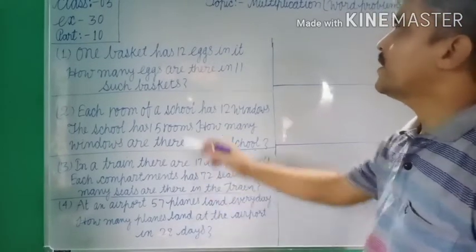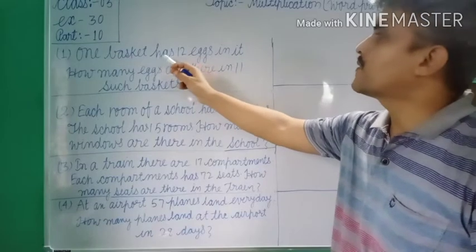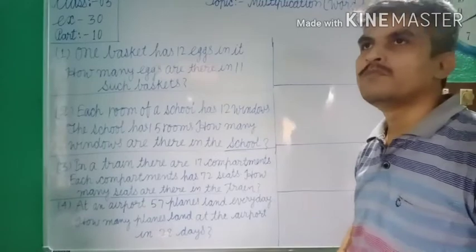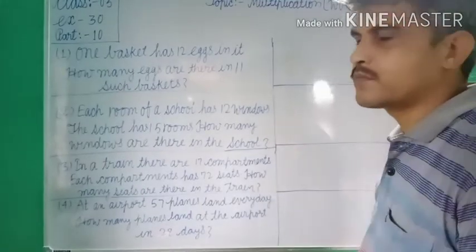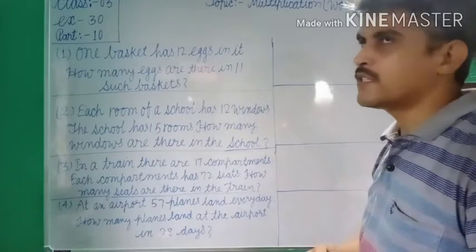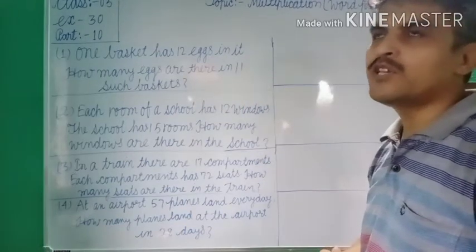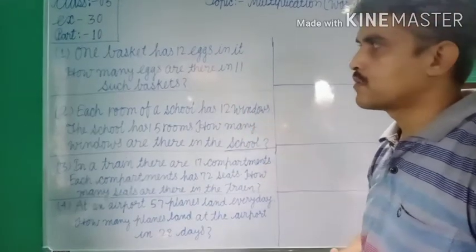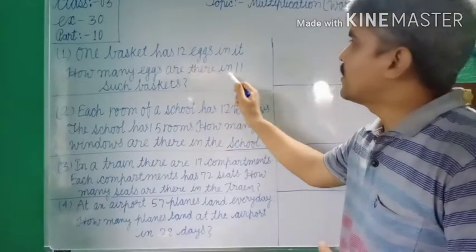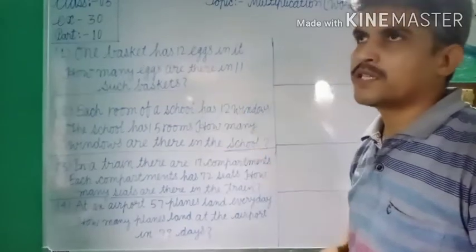One basket has 12 eggs in it. You see many eggs kept in baskets. How many eggs in one basket? 12 eggs. In your question, how many eggs are there in 11 such baskets?